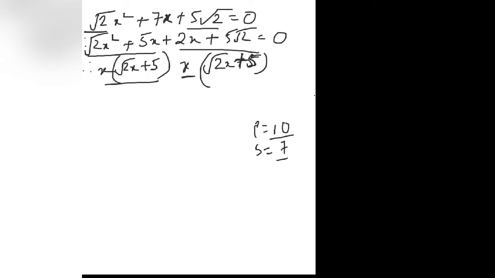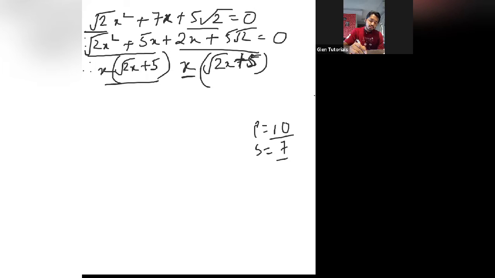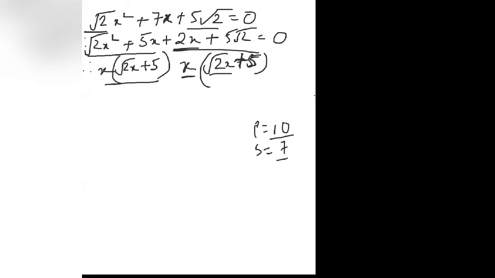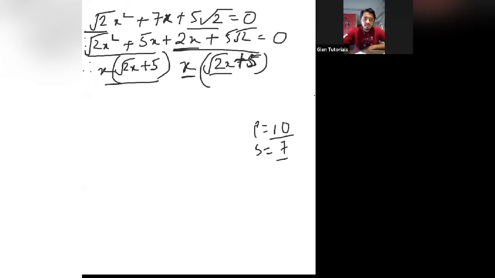Suppose x would come here. What would we get? X into root 2x is root 2x square, but here we have only 2x. So we have to have some term here which will multiply with this term and we'll get only 2x. Can anybody tell me? Mute yourself, whoever knows. Shefali, yes, unmute yourself.